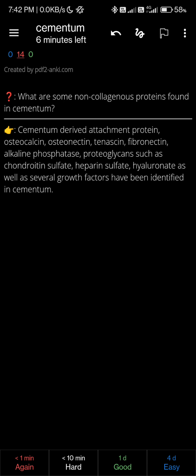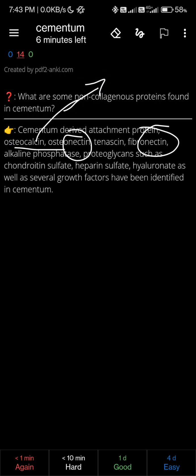We have cementum derived attachment protein, osteocalcin, osteonectin, fibronectin, tenascin, and alkaline phosphatase.